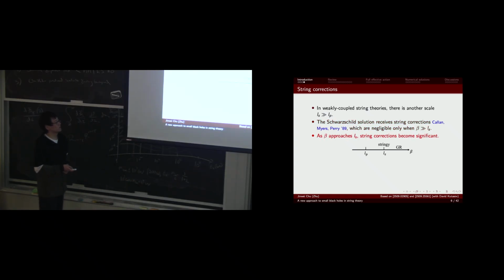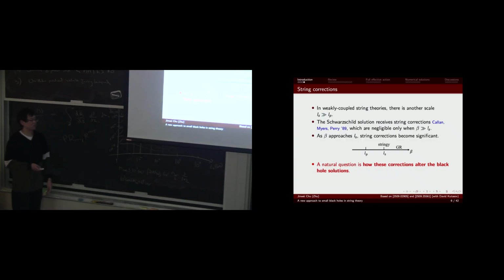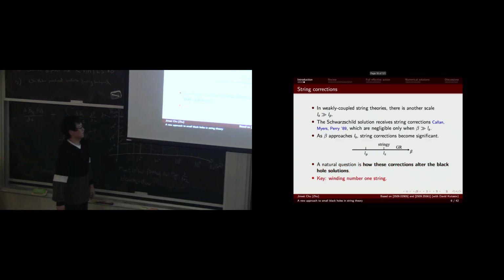And when beta approaches l_s, string corrections become significant. So one natural question is how these corrections alter the black hole solutions. That's the question I'll be focusing on in my talk. And as we'll see, this winding number 1 string will play a very important role in answering this question.